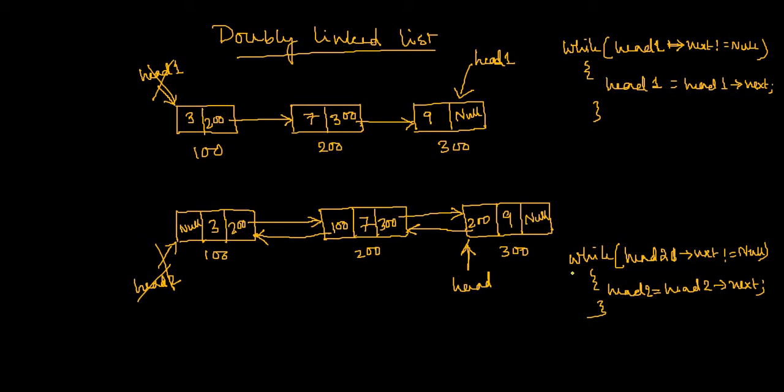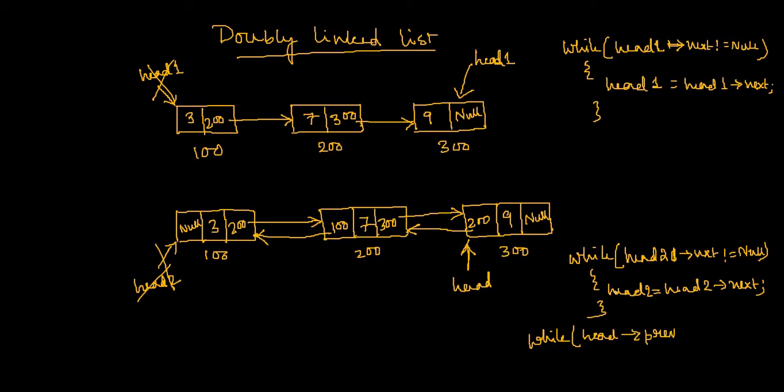But the facility that I have in this situation is that I have a way to go back to the previous nodes. So after writing this loop, I write again a loop, something like while head 2 prev not equal to null.